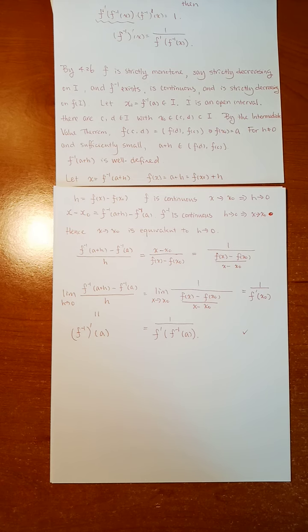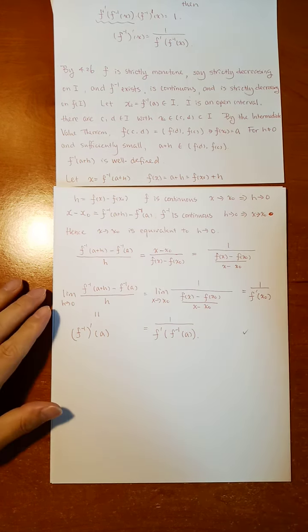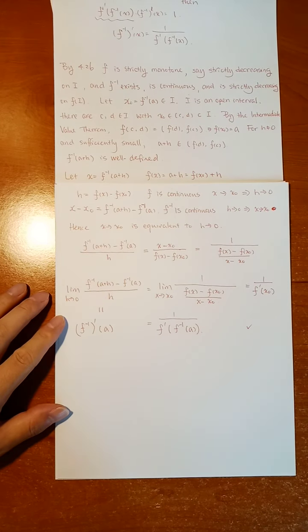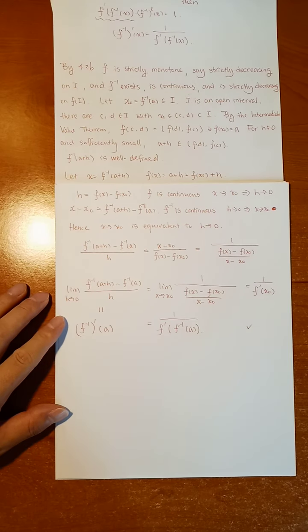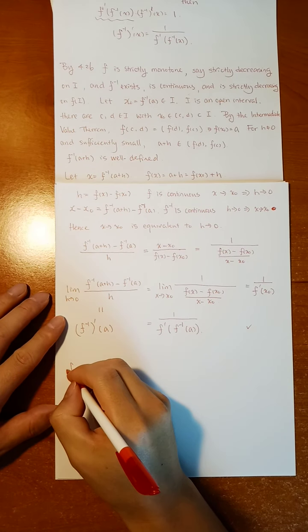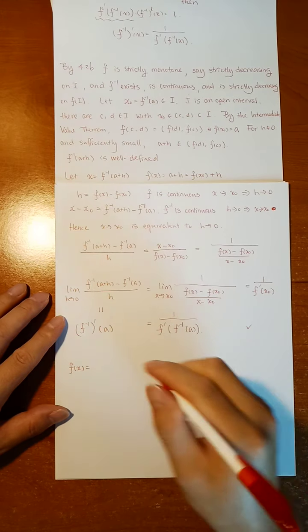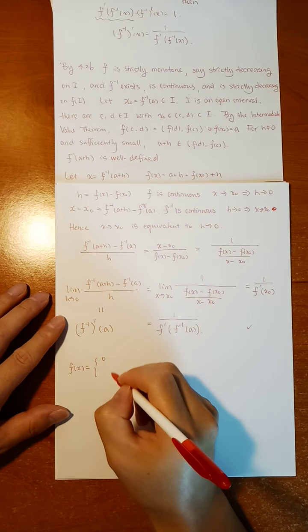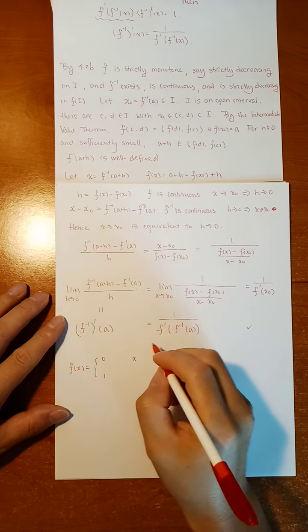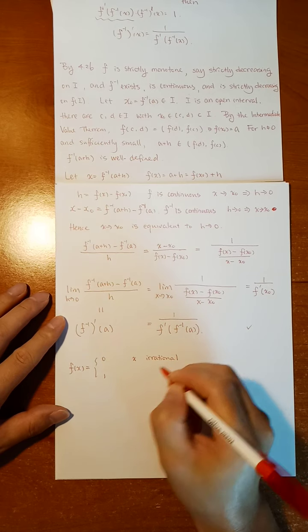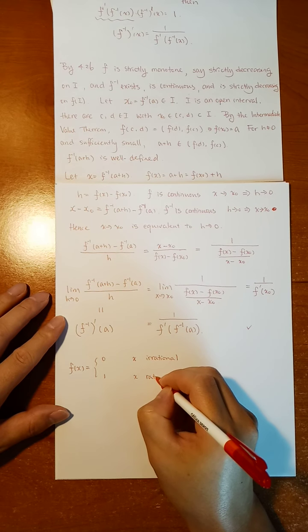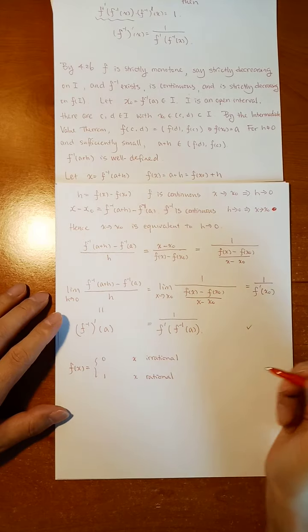Very good. Now let's look at a function f of x that is 0 if x is irrational and 1 if x is rational.